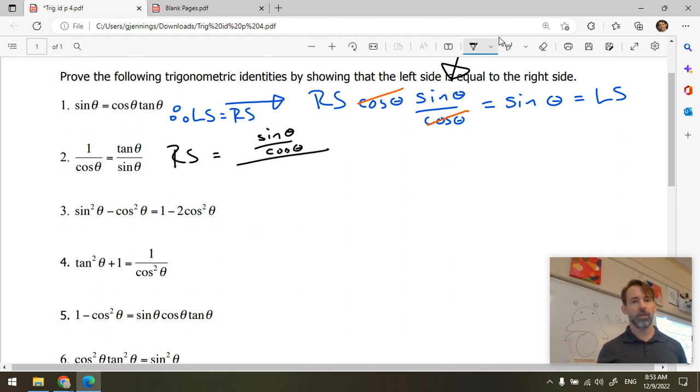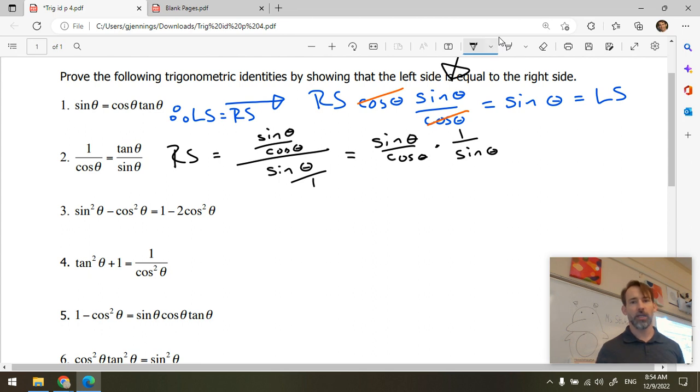But then the whole thing is divided by sine theta. Now I go ahead and flip the bottom and multiply. That's sine theta over 1. So this is sine theta over cosine theta multiplied by 1 over sine theta.